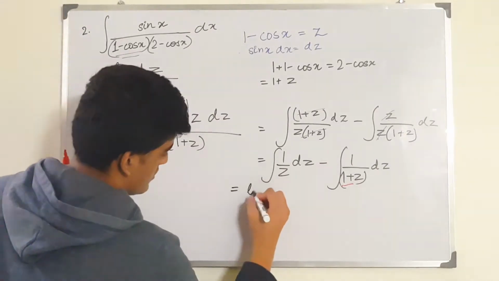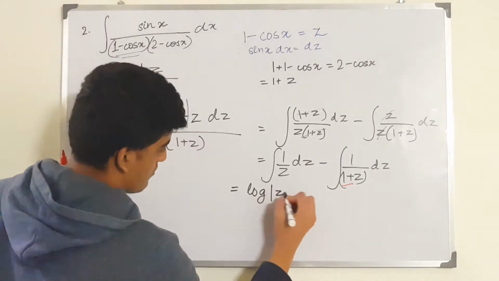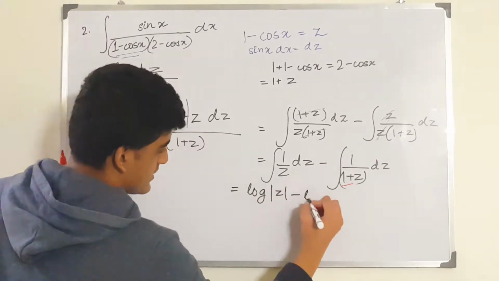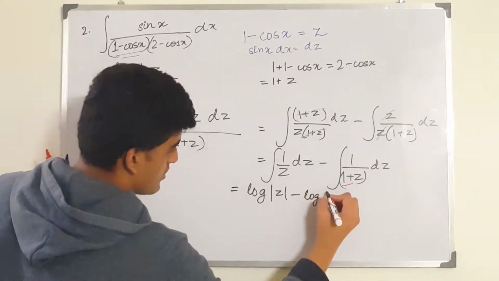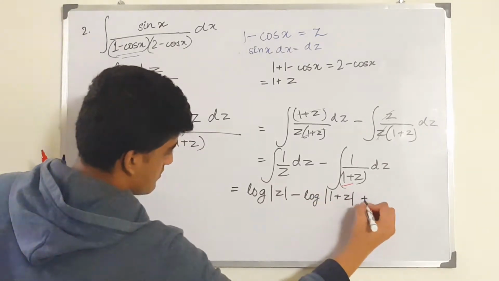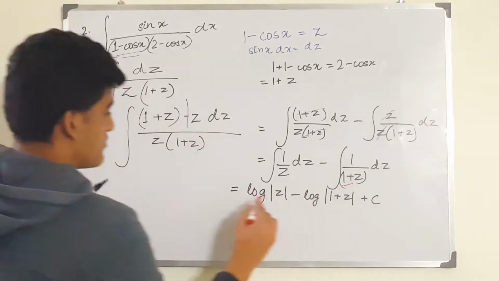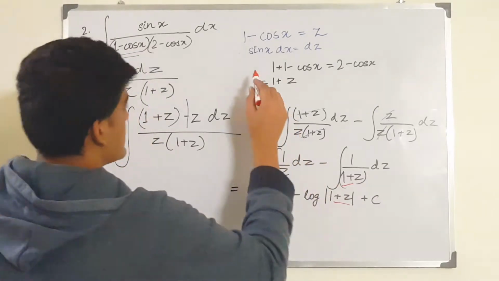It's log mod z minus log mod 1 plus z plus c. Now we substitute back the values of z and 1 plus z.